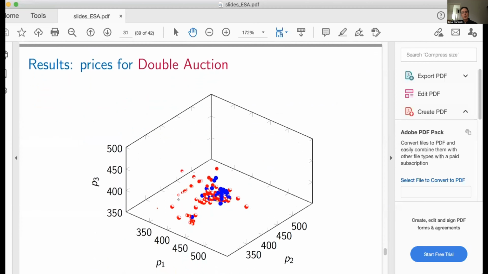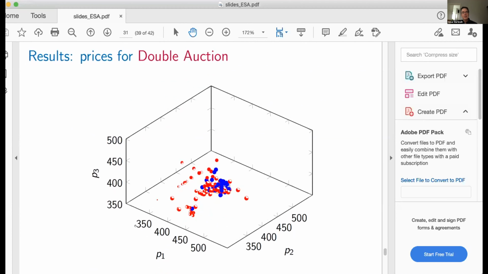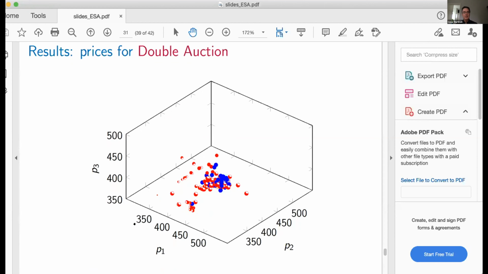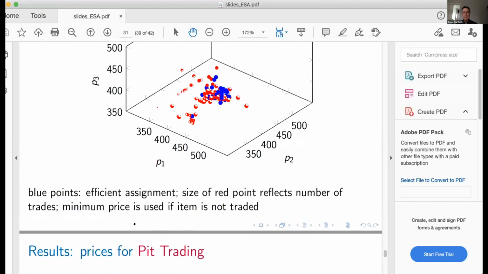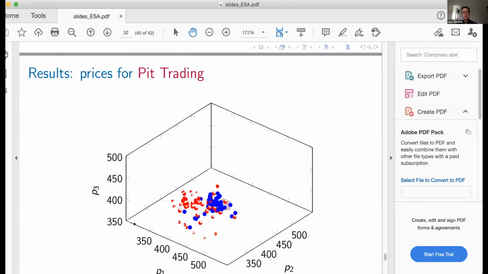For the double auction, we find something similar. The blue dots are efficient allocation. The prices are around the core, covering the core around the sides, which are the binding constraints. And something very different happens for pit trading. This is pit trading. So here is the core. You can see more of it now because prices are lower.